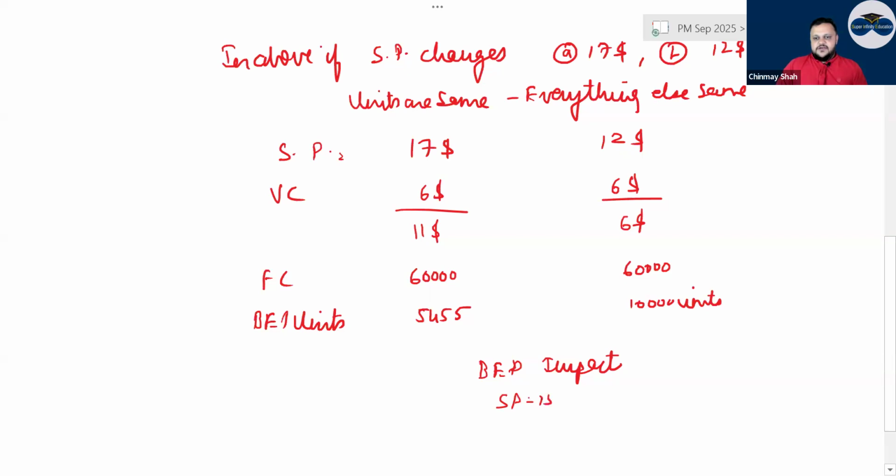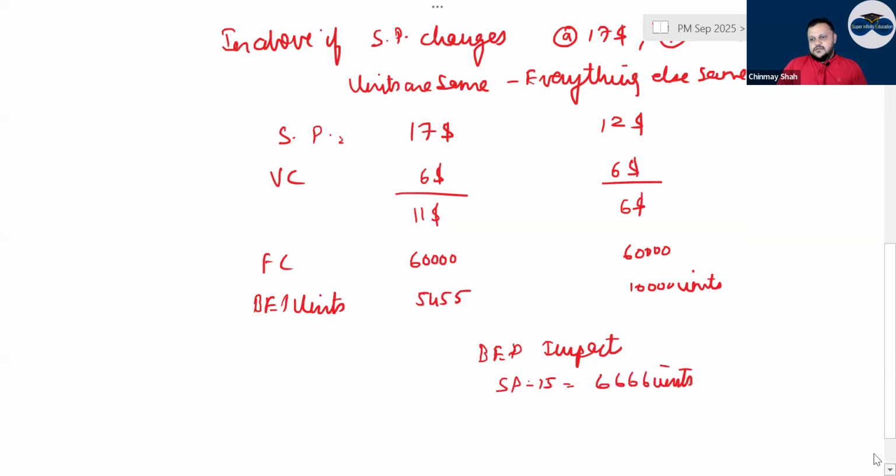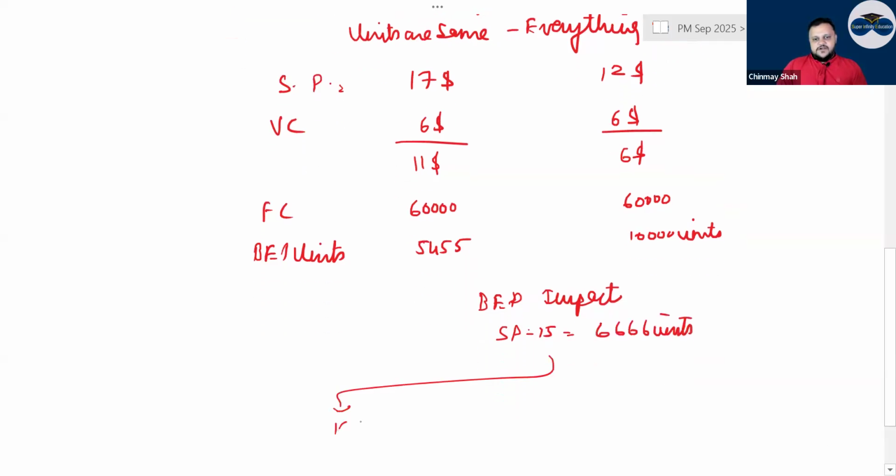Selling price was 15. How much was BEP? 6,666 units. If this changes to $17 and if this changes to $12, how much are the BEP units?